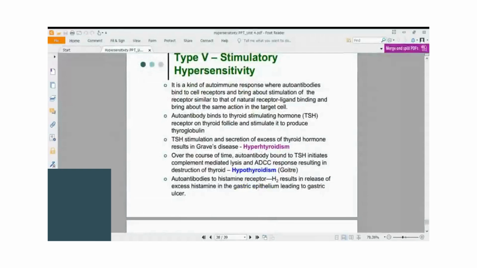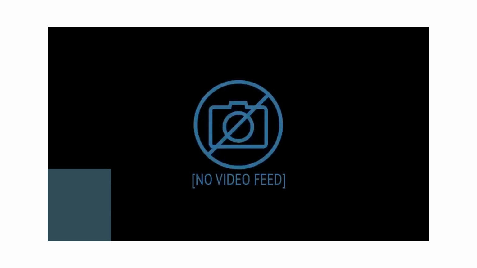I will stop this slide and move on to the topic, that is autoimmune response. Okay, I will switch over to the next slide about the autoimmune response. So the autoimmune response shown by an individual is because of misregulation, and that misregulation is because of the loss of tolerance.